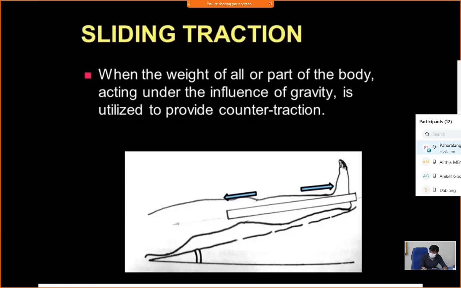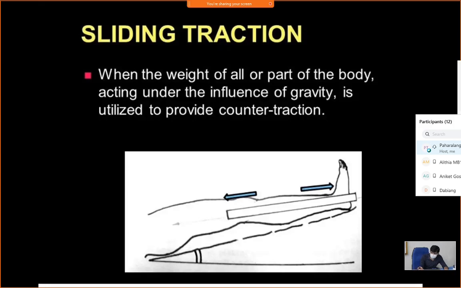This is sliding traction. In sliding traction, we keep the foot of the bed elevated and the head downwards, so that there is counter traction along the axis of the body due to gravity. You can see two arrows, one going upward.